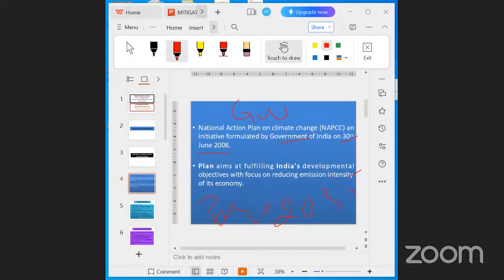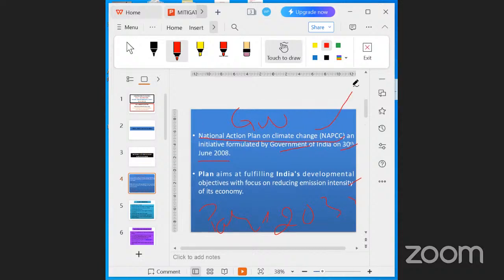So the National Action Plan, NAPCC, is an initiative formulated by the Government of India on the 30th June 2008. To deal with the future policies and programs for climatic improvement and adjustment, right?